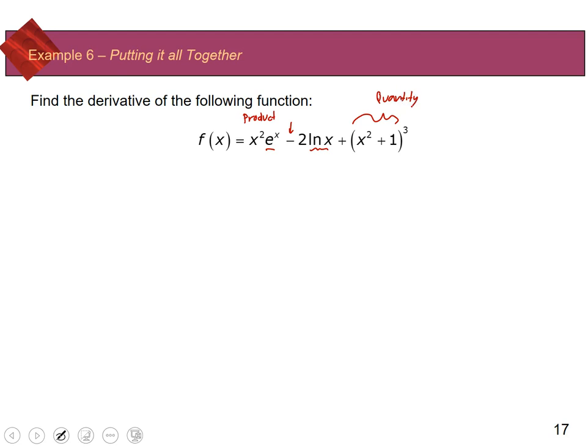There's a few things I could do here. I could actually cube out the x squared plus 1 cubed by foiling it 3 times, but that makes this an even longer expression. So I'm going to opt to use the chain rule when I get to that.